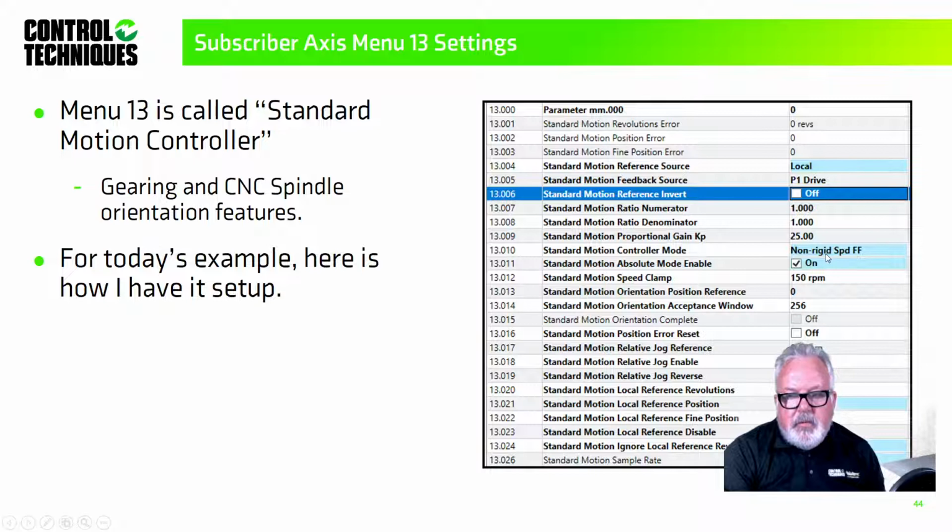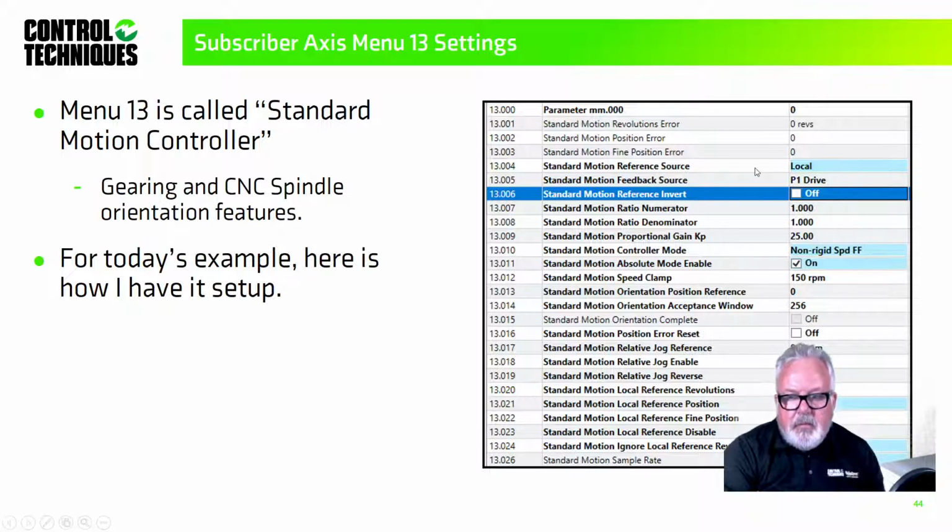Whenever I change this value in parameter 10 to anything other than disabled, now the motor speed is coming from whatever I'm sending. So once this is enabled, I'm not going to be able to run from an analog speed reference or a preset speed reference or anything else.